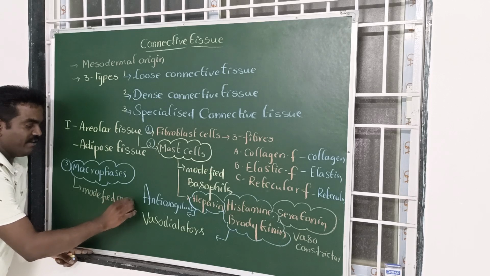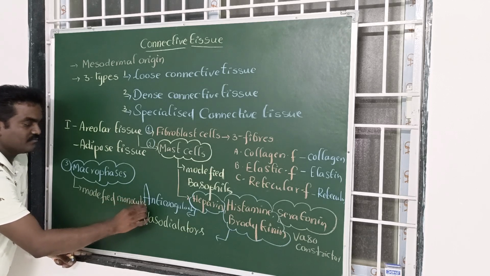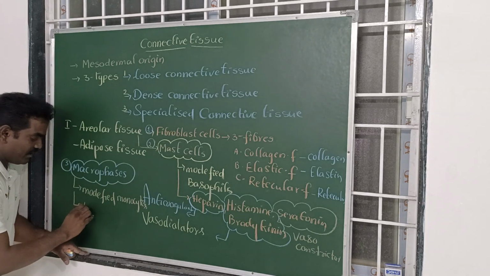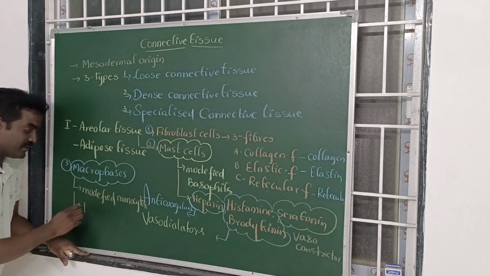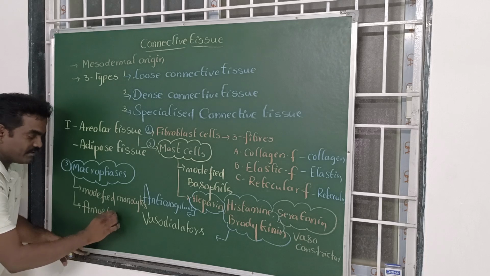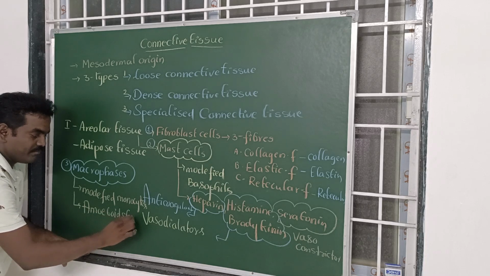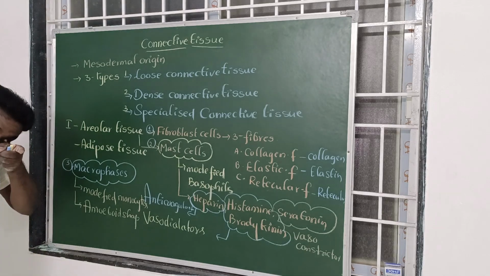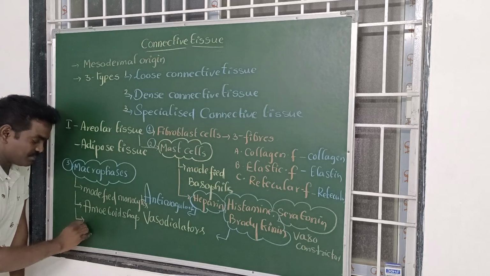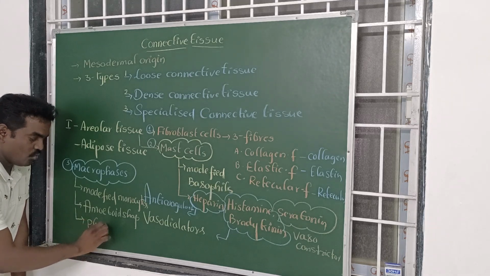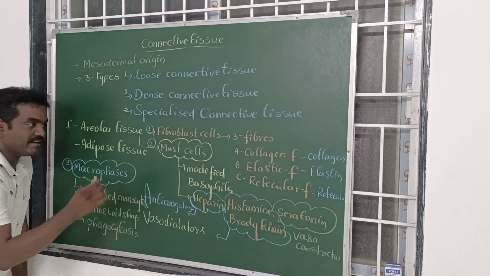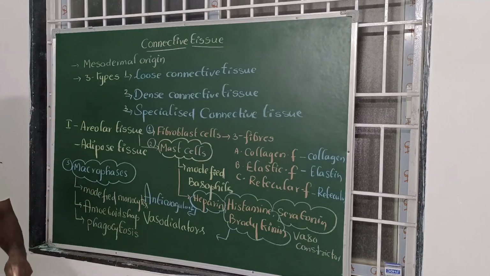Their shape transforms like an amoeba, which is why they have an amoeboid shape. And these cells have a specific role called phagocytosis. This is the third type of cells.